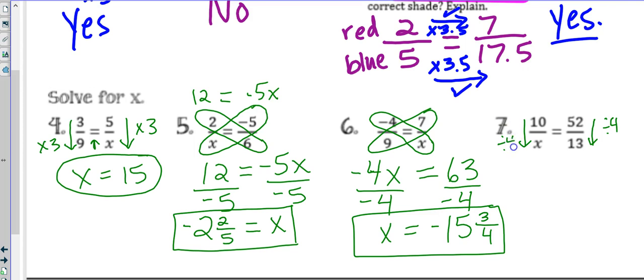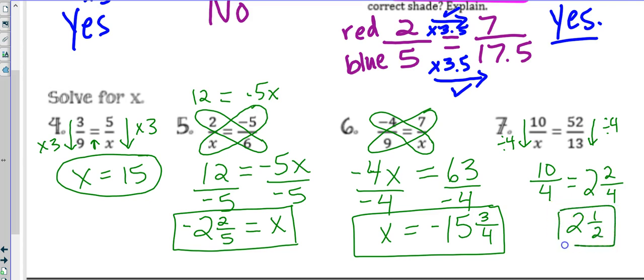Again, I have that vertical relationship, 10 divided by 4. 4 goes into 10 twice. I have 2/4 remaining, and I'm going to simplify that fraction, so it's 2 1/2.